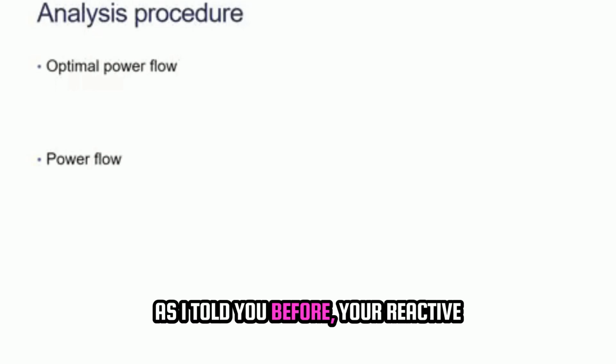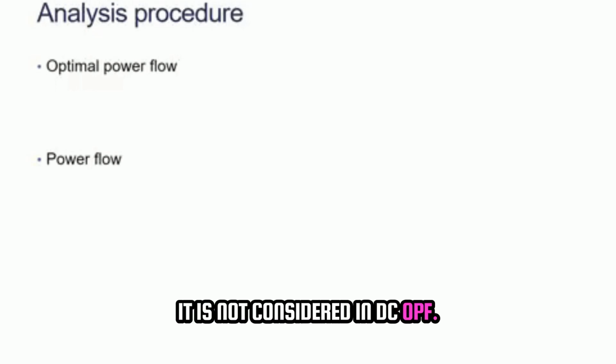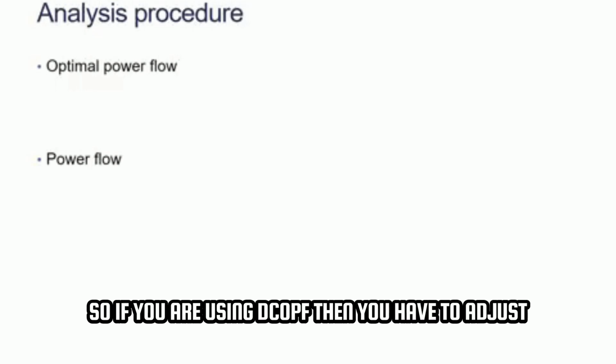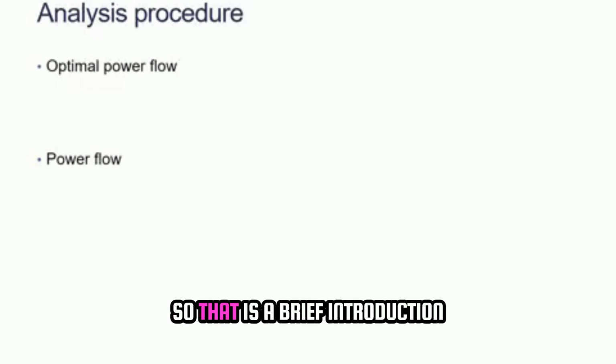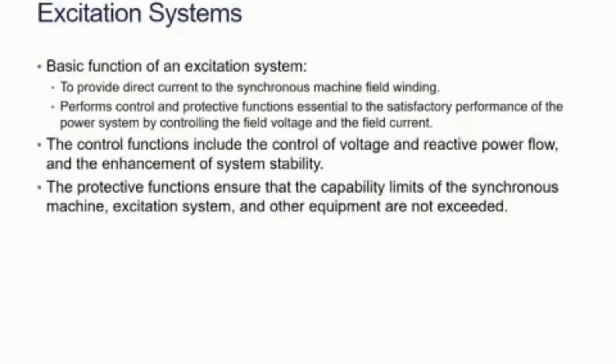As I told you before, reactive power is only considered in ACOPF. It is not considered in DCOPF. So if you are using DCOPF, then you have to adjust using power flows and DCOPF in iteration. That is the brief introduction I gave you in the last class.